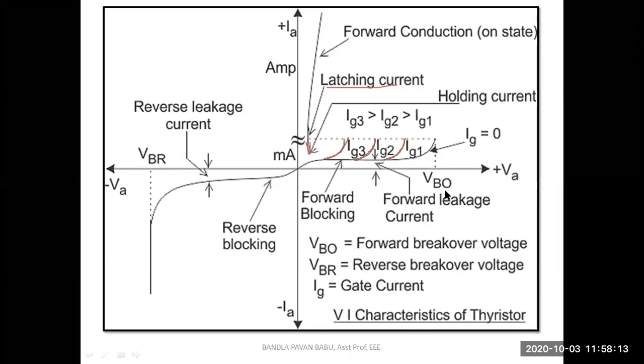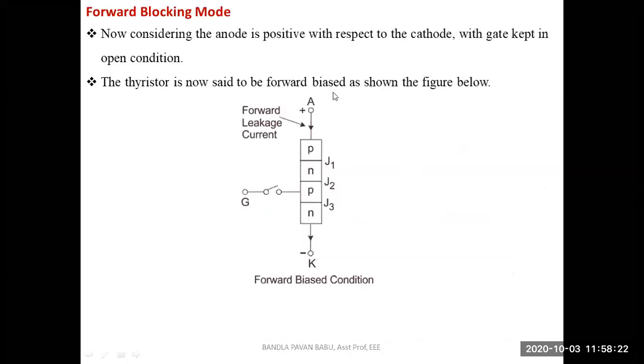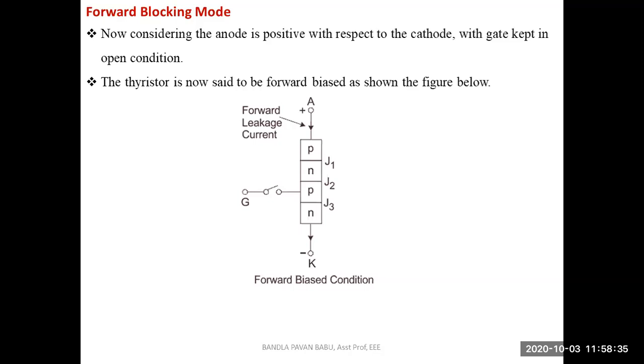If we keep on increasing the forward breakover voltage, it may lead to breakdown and the current flows completely from anode to cathode. This is one way of turning on the switch, but it is not practically encouraged, because making the switch break down should not be encouraged in any power conversion operations.